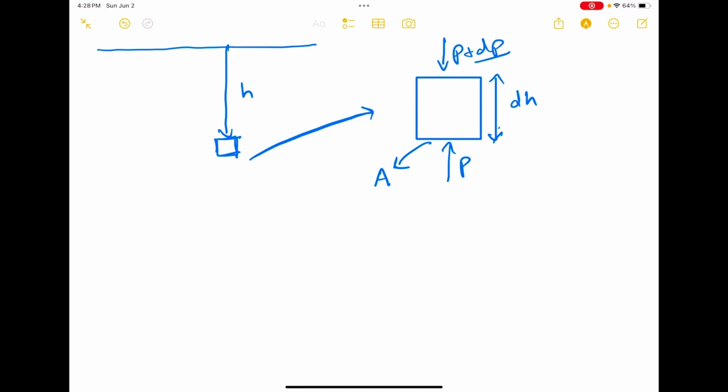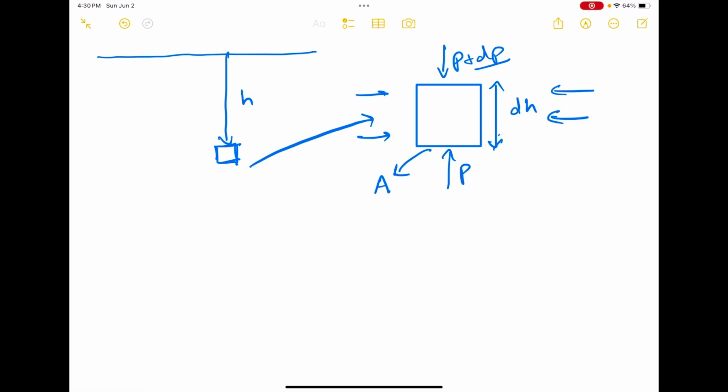So dP here is the change in pressure as we move from the lower surface of the cube to the upper surface. All the pressure which is acting sideways on the cube will cancel out each other since they will be equal in magnitude. So we will not have to take into account these pressures.